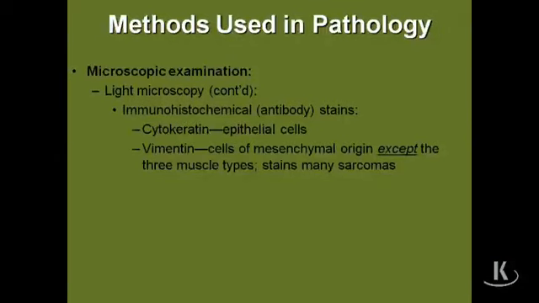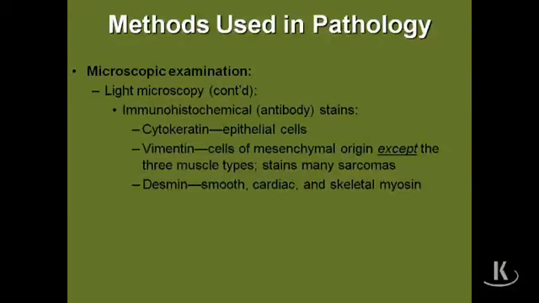Vimentin is an intermediate filament that's found in non-muscle mesenchymal cells. So what do I mean by non-muscle mesenchymal cells? We're talking about fat cells, adipocytes, fibroblasts, osteoblasts, osteoclasts. And are there stains for the muscle? Yes, and we call this desmin.